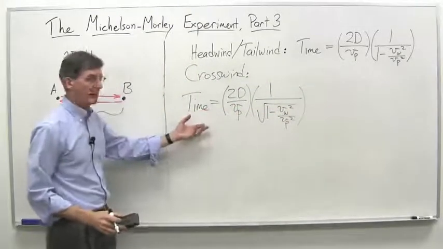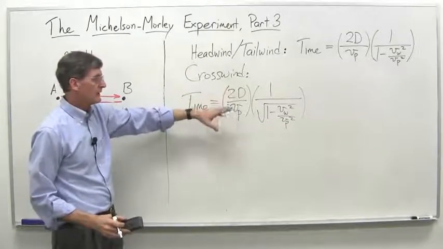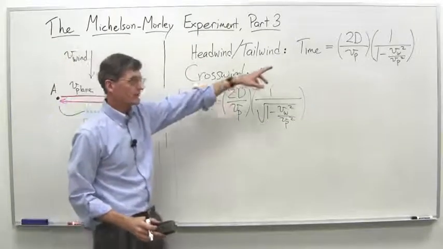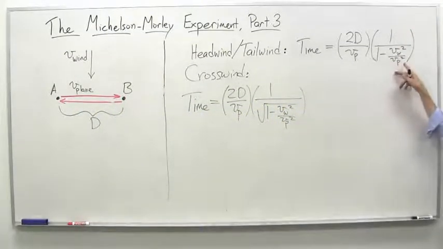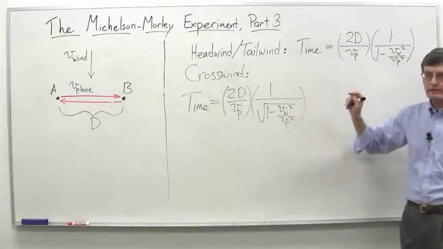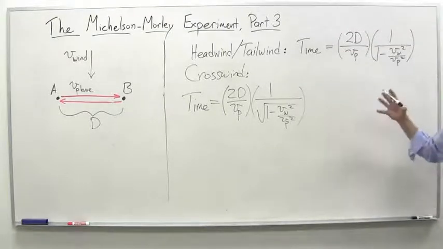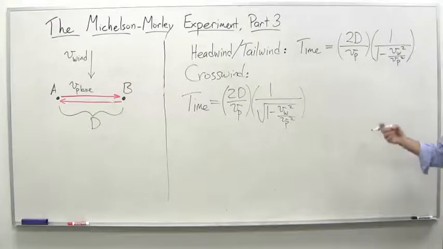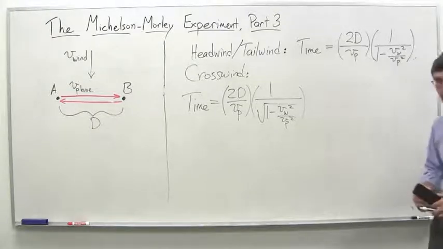This was the crosswind case. We earlier did the headwind tailwind case. They're slightly different. They both have the 2d over Vp factor in there. But note, in this case, it's 1 over the square root of 1 minus Vw squared over Vp squared. Here, same thing, but without the square root. Slightly different. So in part 4 of this, we'll see how we put this together and how Michelson and Morley put this together and see how it applies to the luminiferous ether and light waves traveling through that, and how they did their experiment and what the result was of that experiment.